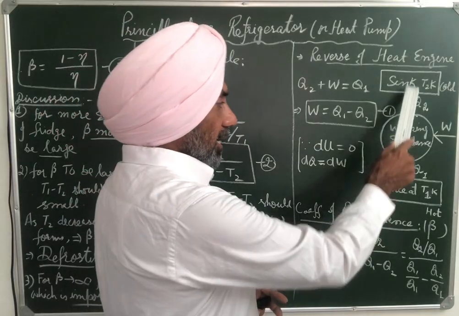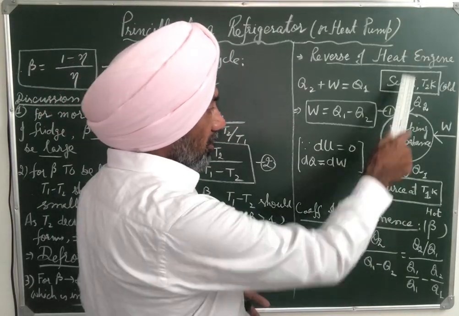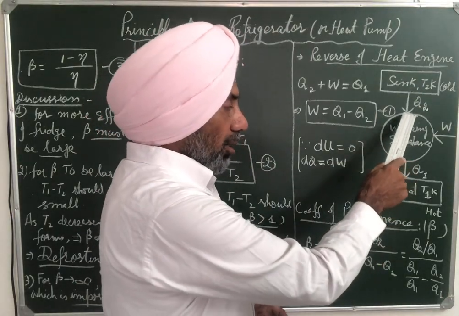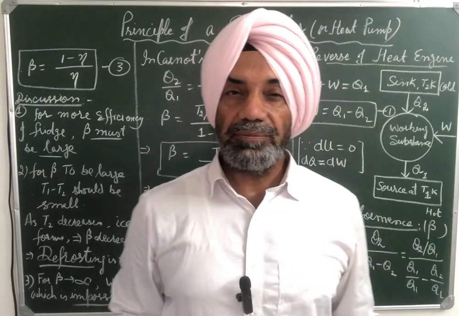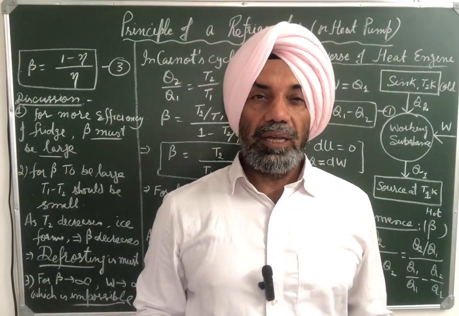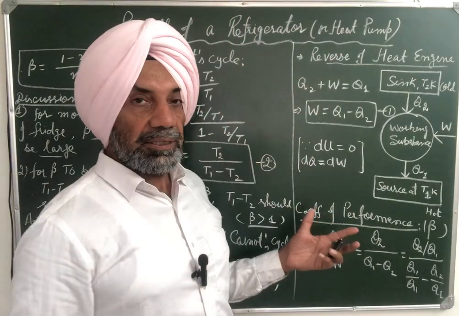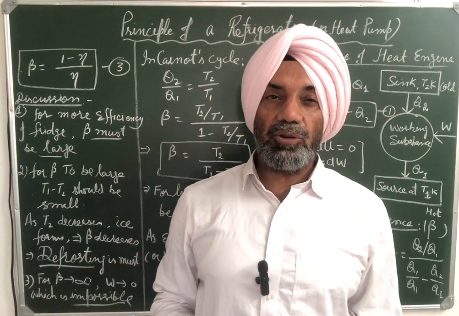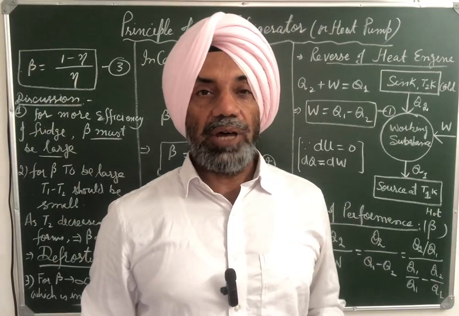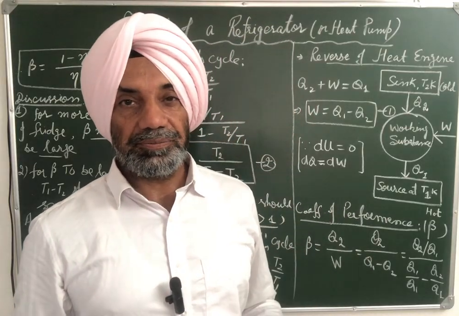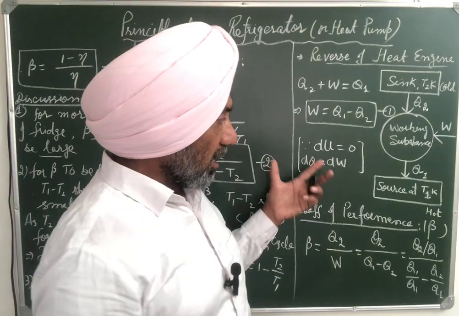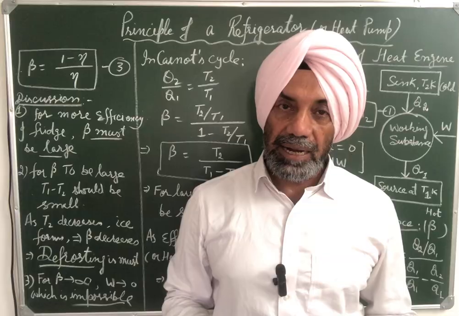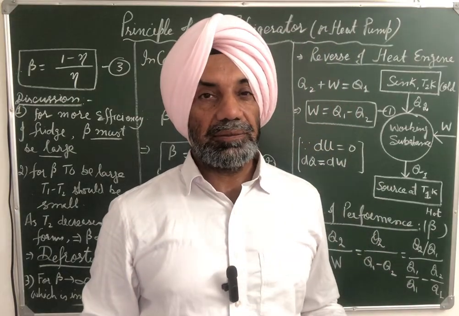Because in the case of a fridge, heat is drawn from the sink, which is at a lower temperature than the surroundings. It is impossible to draw heat from a body at lower temperature to a body at higher temperature without the supply of energy, or without external work, because in the natural way heat always flows from a body at higher temperature to a body at lower temperature.